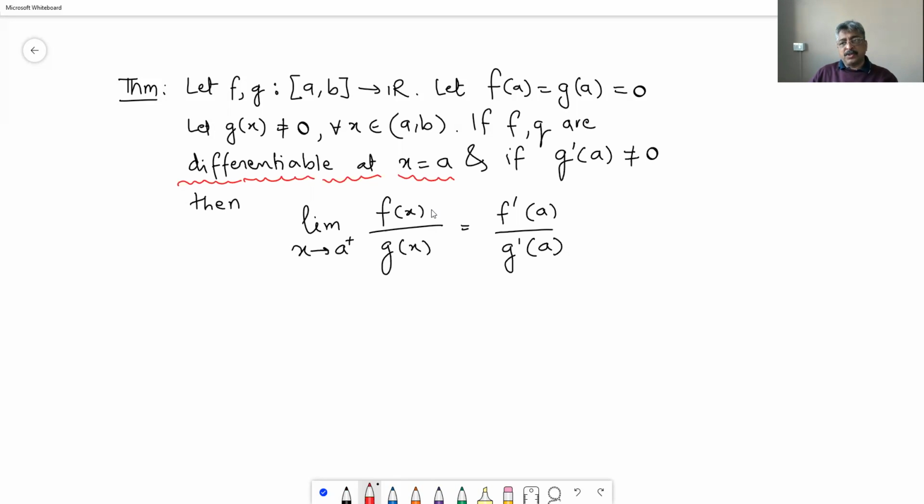But presently, because this is the first result, if it is differentiable, then what kind of proof can we write for this theorem? And it is easy. Therefore, I give you sufficient time to write your own proof, because it is easy. Let us write the proof. It is absolutely simple.